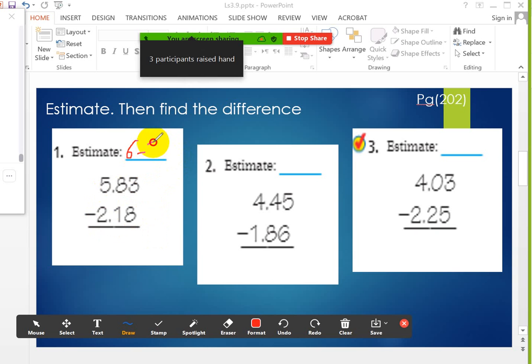It will be 2, because before the ones I have 1, and 1 is less than 5, that means I will keep the same number. 6 minus 2 equals 4. So this is the estimate.